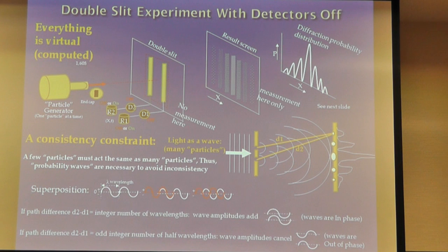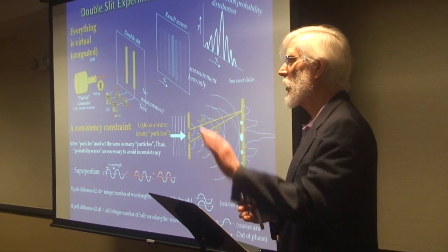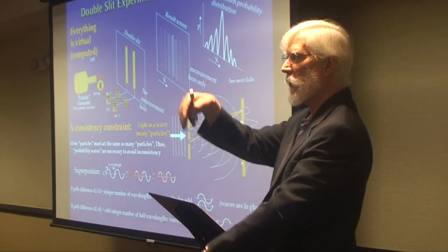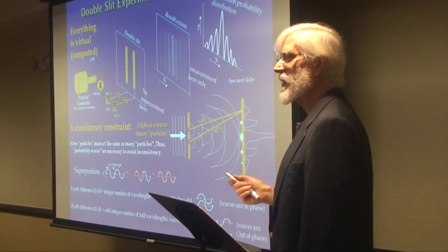Now, if they happen to be a half wavelength apart, then you get this case. You end up with this down here, where the two waves are now, we say, out of phase. When one's at its max, the other's at the min. And they do this sort of thing. Okay? Now, these get added together.